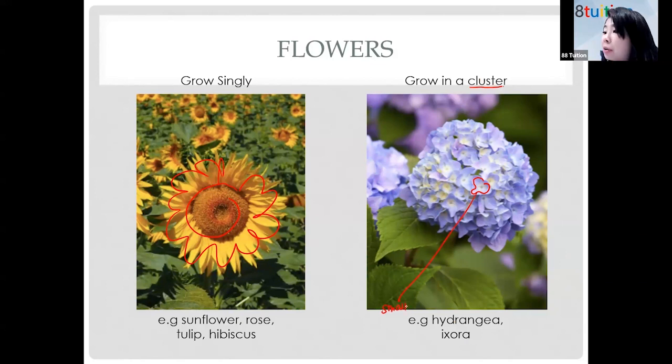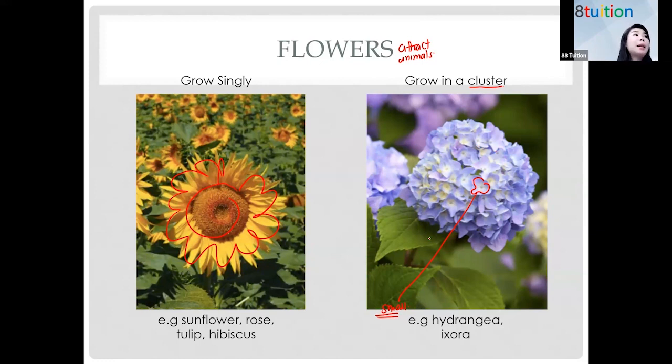At the end of the day, flowers want to attract animals for reproduction. And if the flower is too small, the animals might not be attracted to them. Therefore, if my flower is so small, I need many of the flowers in one cluster to be able to attract animals more easily.